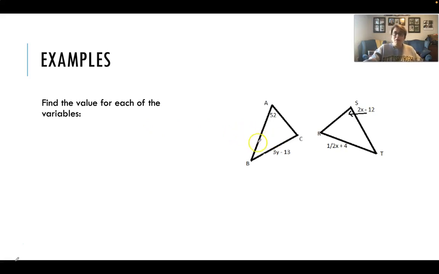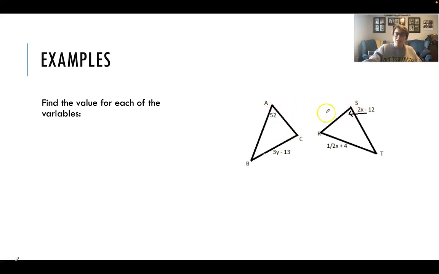Now we can move beyond just knowing that we have a way of naming these conventional things, but we can actually use the fact that they are congruent to determine variables. So based off of this, A would be corresponding to S based on what it gave me.